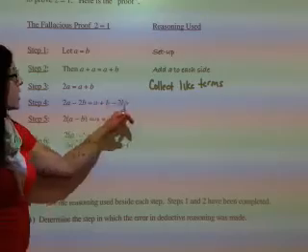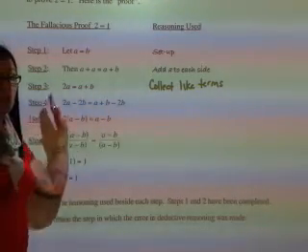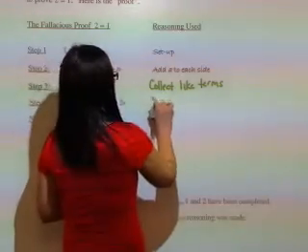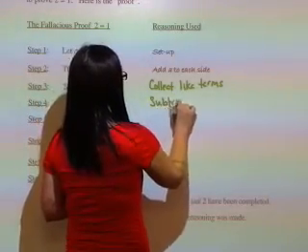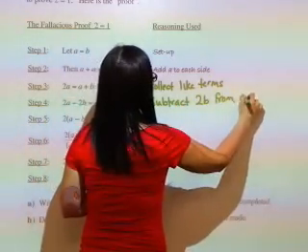Step 4, I subtract 2B from each side. That is allowed. As long as I do the same thing to both sides, I have not changed the value. So my reasoning was to subtract 2B from each side.